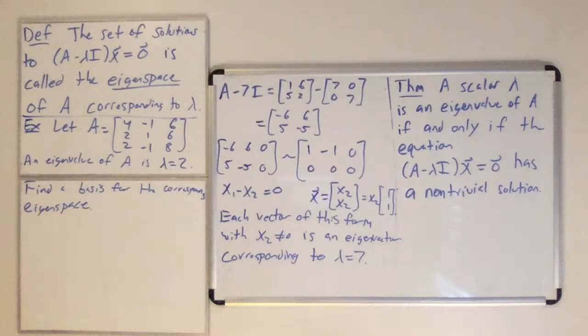Yeah, exactly, Taylor. So we want to find the solution to A minus 2I times x equals 0. So find those vectors.